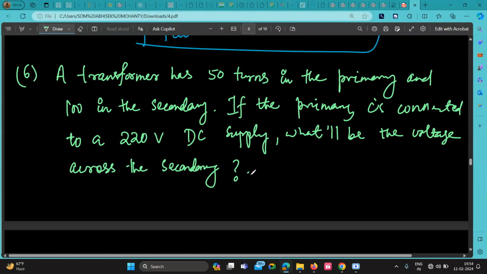Transformer has 50 turns in the primary coil, 100 in the secondary. The primary is connected to a 220 volt DC supply. What will be the voltage across the secondary? Try this question.